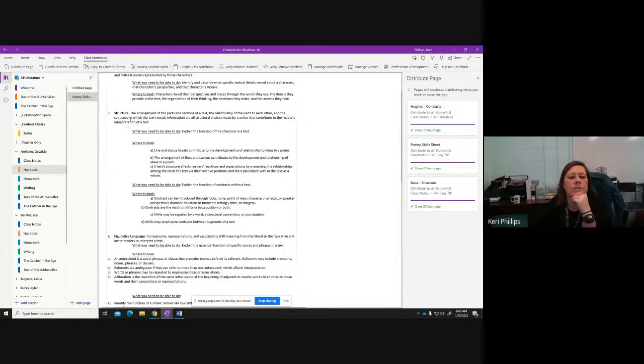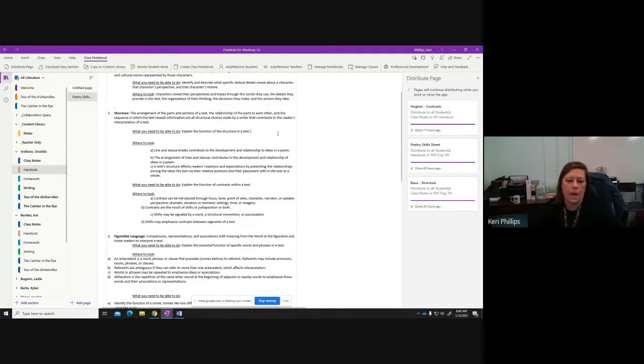It says structure, just the overall structure, is the arrangement of parts in sections of a text, also the relationships of the parts to each other, and the sequence in which the text reveals information. These are all structural choices.